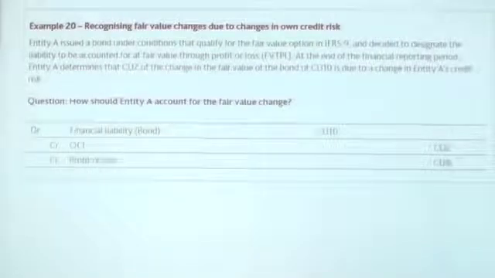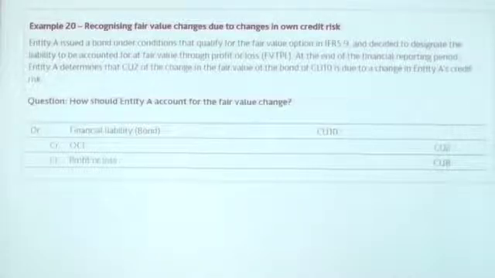Here is a small example. Entity A issued a bond under conditions that qualify for the fair value through P&L option and decided to designate the liability to be accounted for at fair value through P&L. At the end of the financial reporting period, entity A determines 2 of the change in the fair value of the bond of 10 is due to change in the entity's credit risk. Total fair value change is 10.